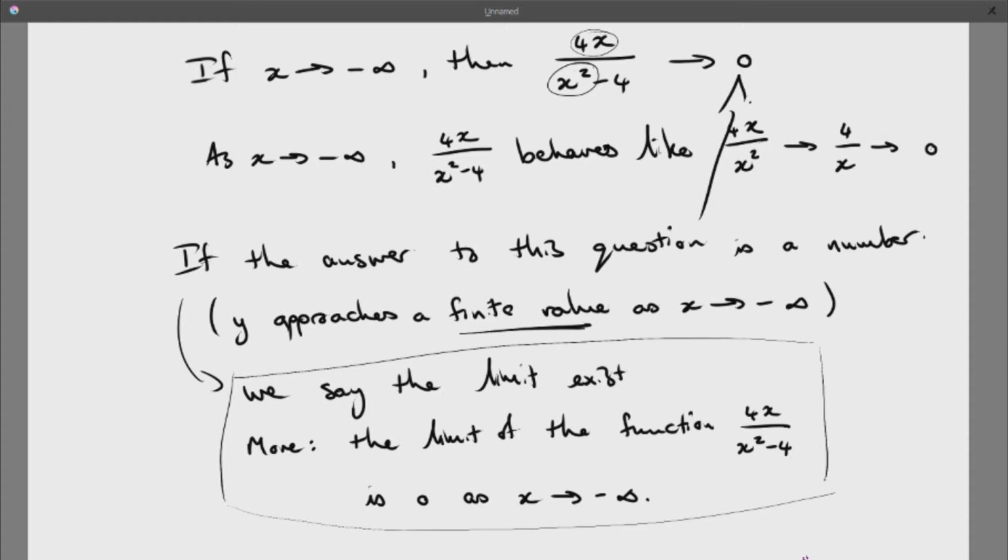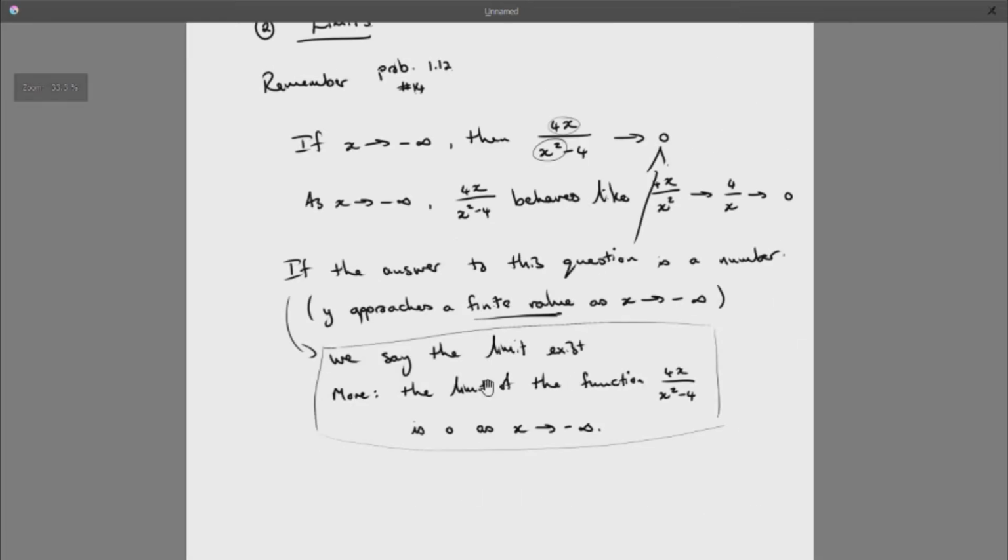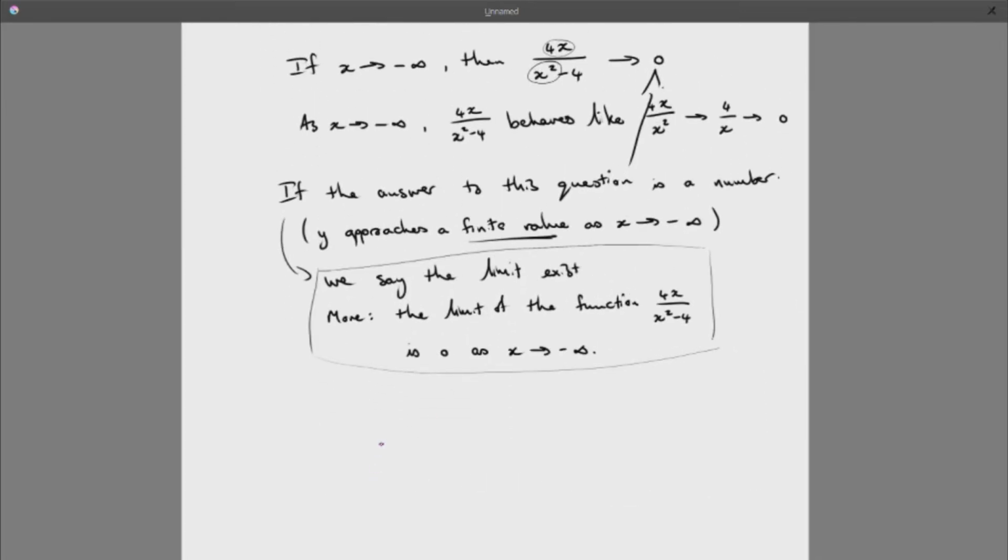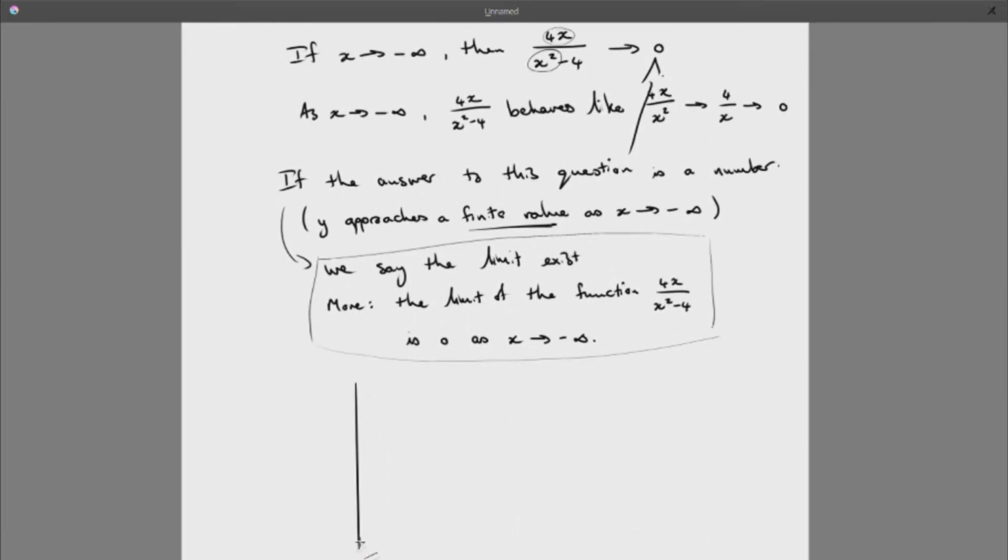Bring in this word limit to say that the y value behaves in a nice stable way. If I look at a graph here of what's happening, now I don't know what the whole function looks like, and this question isn't trying to answer that either.